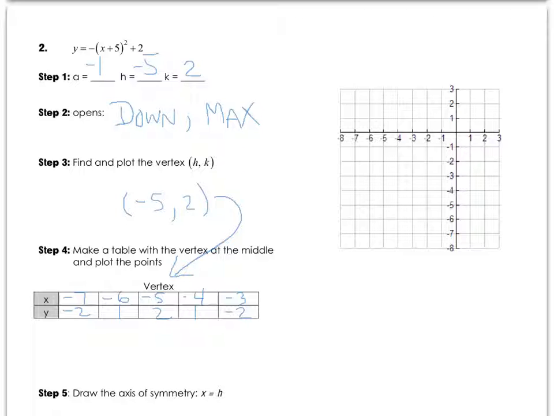So when you're ready, go ahead and plot them, and then draw your parabola. So axis of symmetry, right down the center. And that axis of symmetry is going to be at x equals the x component of our vertex.